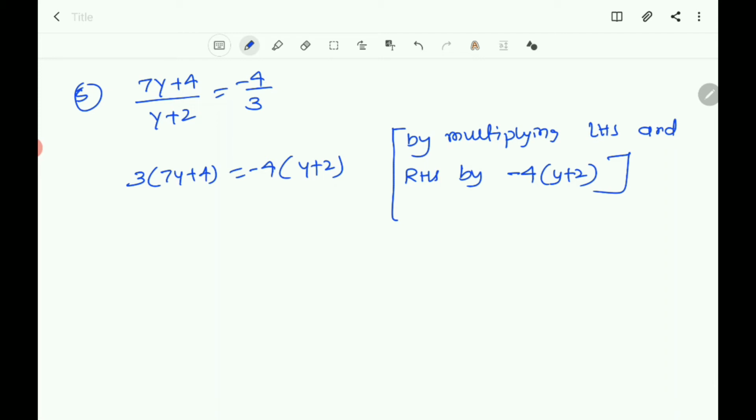So 3 into 7y is 21y, plus 3 into 4 is 12. Then -4 into y is -4y and -4 into 2 is -8 here.